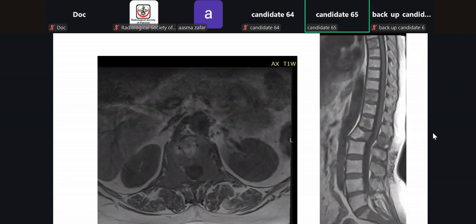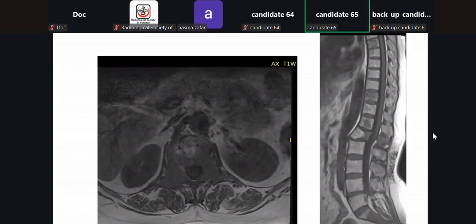On MRI, T1 weighted image and T2 sagittal images, I can see there is edematous changes involving the vertebral body of the same level.